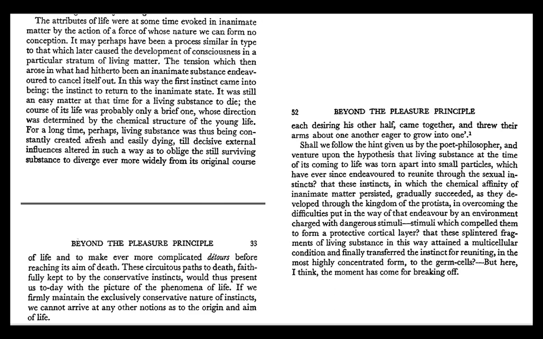The circuitous path to death, faithfully kept to by the conservative instincts, would thus present us today with a picture of the phenomenon of life. If we firmly maintain the exclusively conservative nature of instincts, we cannot arrive at any other notions as to the origin and aim of life.